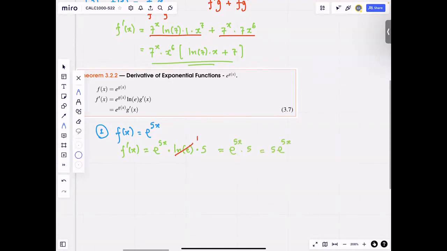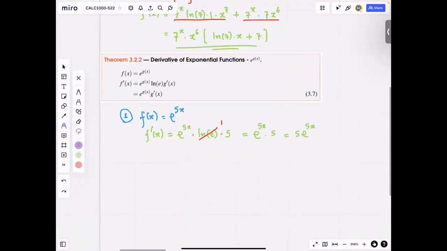So I've written down a simplified formula for dealing with e to the power of something. You don't have to worry about ln of the base, because we know the ln of the base is always going to be 1. So I would always suggest, if you're doing the derivative where it's e to the power of a function, just jump straight to the final part of the formula, as I will illustrate in the second and final example in this section.